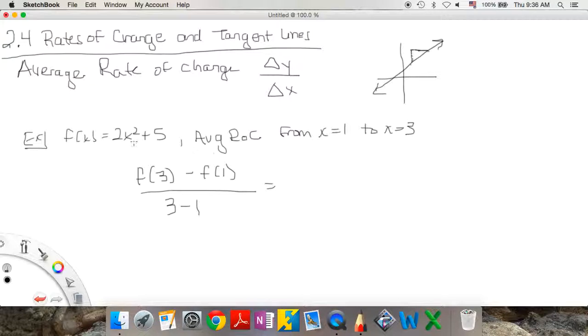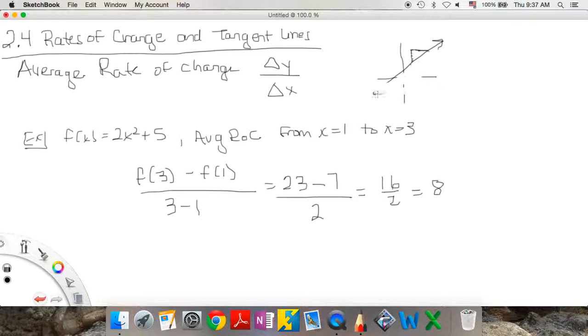Well, f at 3, we plug this in, 3 squared is 9, times 2 is 18, plus 5 is 23, minus f at 1, which is 7, over 3 minus 1 is 2, so we get 16 over 2, or 8. So this is the average rate of change from 1 to 3 along this function.